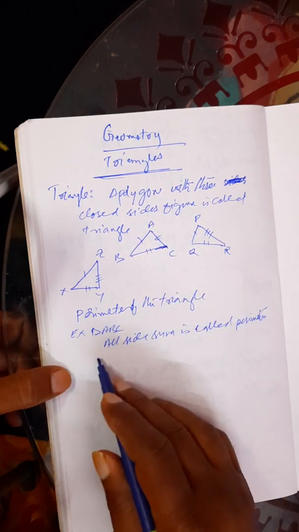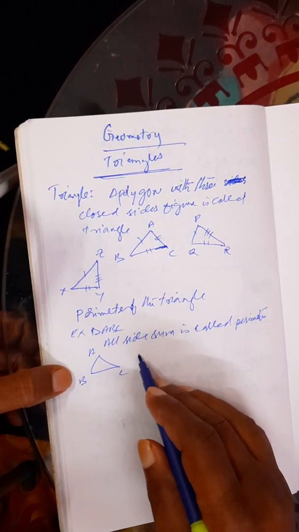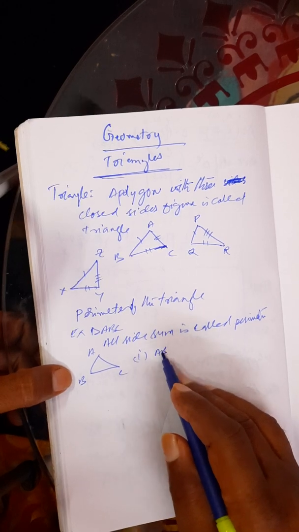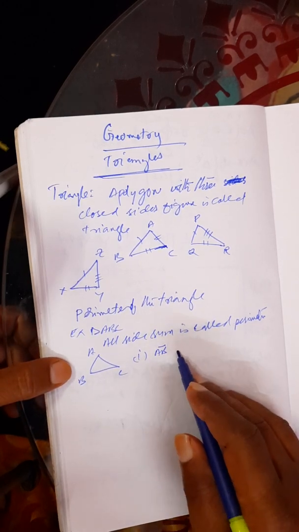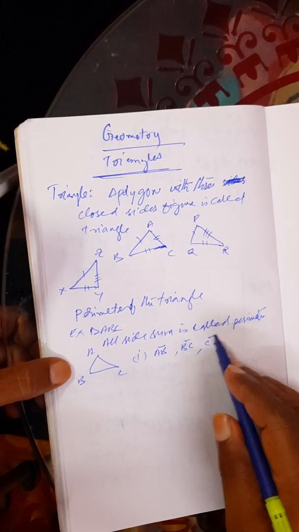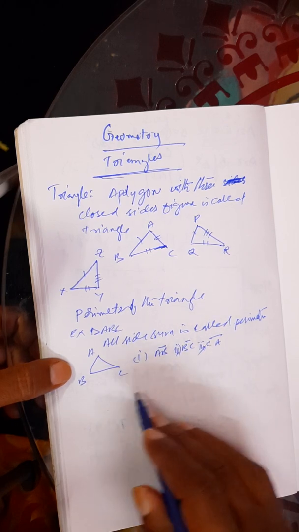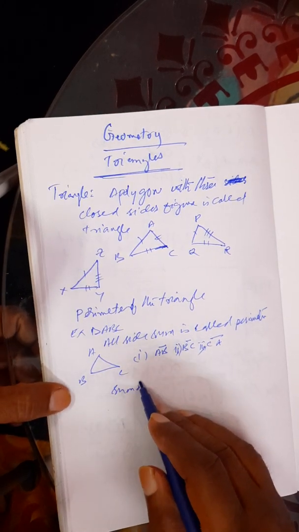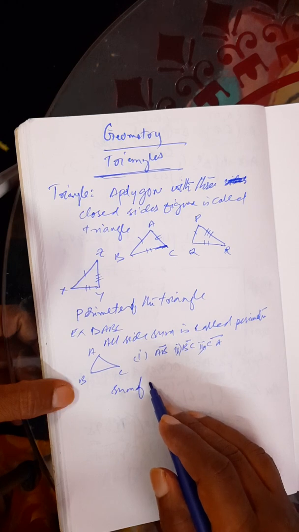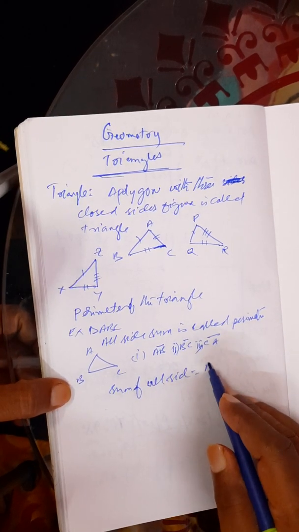The sides of this triangle ABC: side 1 is AB, or we can put a bar also, BC, side CA. So this is second, this is third side. The sum of all sides is what?